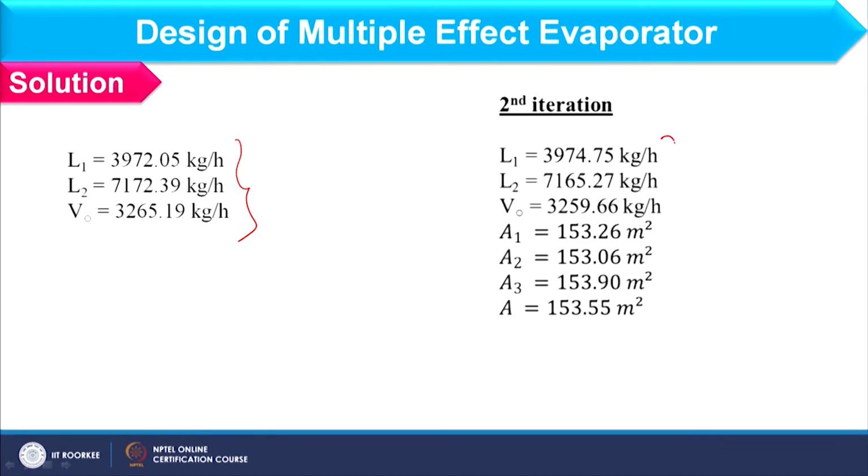The results of the second iteration you can compile as L1 3974.75, L2 7165.27, V0 3259.66, A1 that is area of the first effect as 153.26, A2 153.06 and A3 153.9. When you average it, the average is pretty close, that is 153.55, but still the solution is not completed. You have to iterate further till all 6 parameters of 2 consecutive iterations are equal.